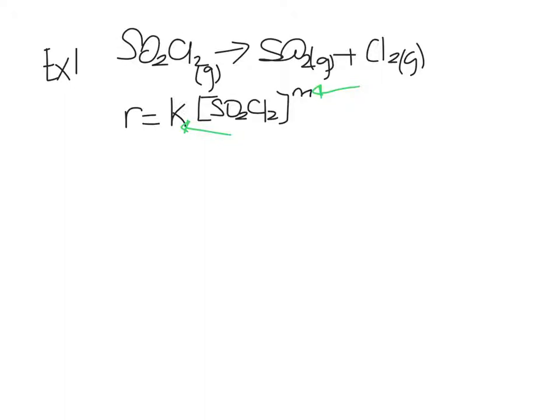So we're going to compare run 2 to run 1, experiment 2 to experiment 1. So we're going to substitute in our values into the rate law expression. So for run 2, we're going to plug in our rate.